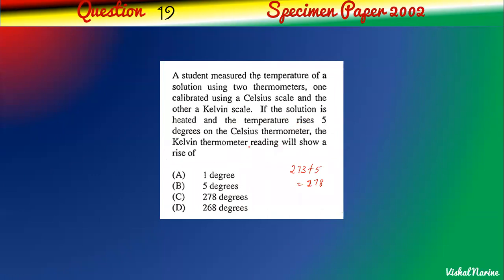The persons who attended my holiday lessons, from March to June, we actually went through this, and I showed you using actual calculations that it is going to be the same. So please note here that a rise or an increase on the Celsius scale is equal to the same increase on the Kelvin scale.